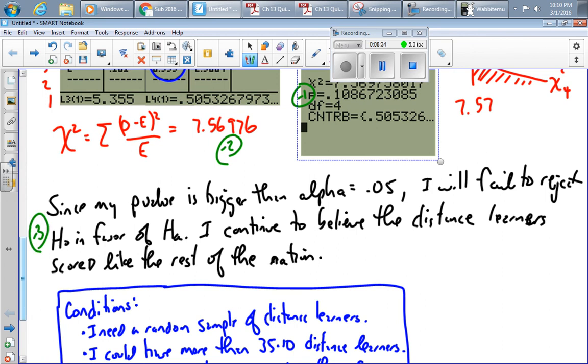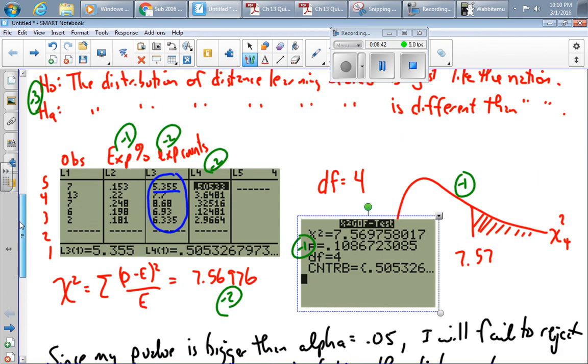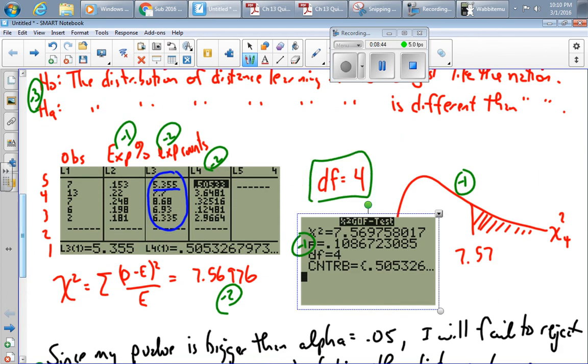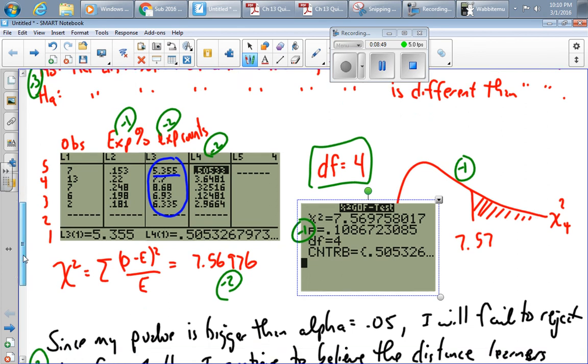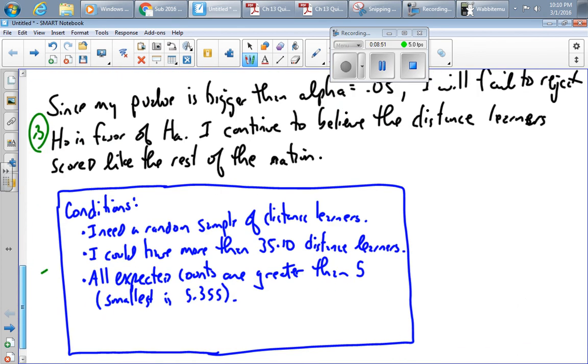Two of those points will be the correct decision, failing to reject, and one of them will be putting it back into context. They should also put the degrees of freedom, although I won't assess a point for it here. And then we're going to give them plus 1, 2, 3 if they have each of those 3 conditions. In order to get the expected counts condition and the 10% rule condition, they actually have to address the numbers themselves if they want to get that bonus point.